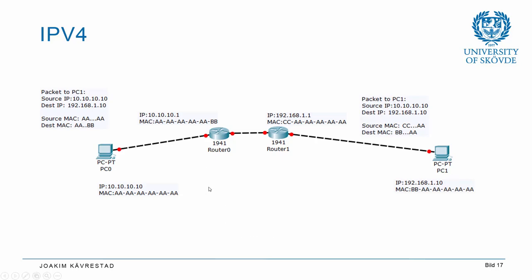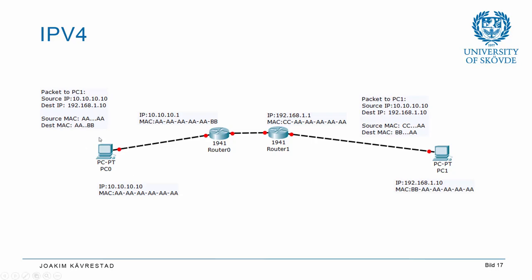But as source MAC address, it uses, of course, its own, which is all A's here. But as destination MAC address, it uses the next hop address, the MAC address that this package should be addressed to on the local network.